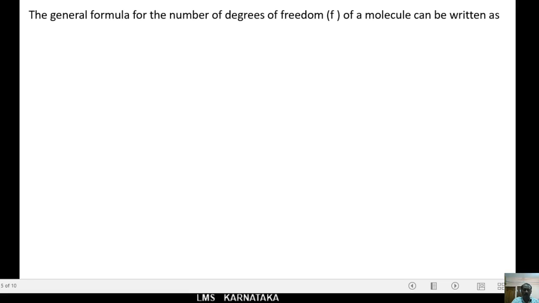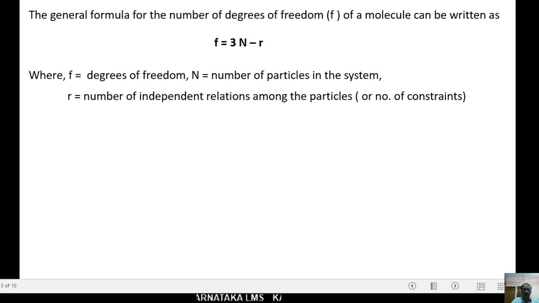Here the general formula to identify the degrees of freedom of a molecule is written as F equals 3N minus R, where F is the degrees of freedom and N is the number of particles in the system, and R, small letter r, is the number of constraints in the system or number of independent relations among the particles.